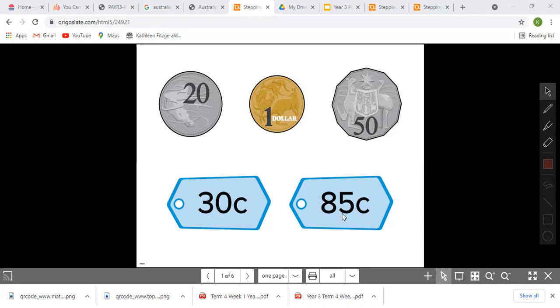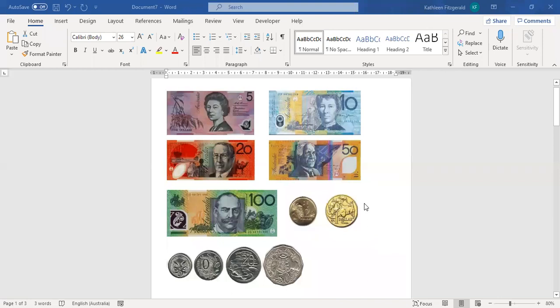All right, let's go back and have a look at those coins that we looked at earlier in the week. So here is our Australian money. We saw before that even though we've only got a few different denominations, which is the value of each of these coins, we can make lots of different numbers with them, and the same with the notes.